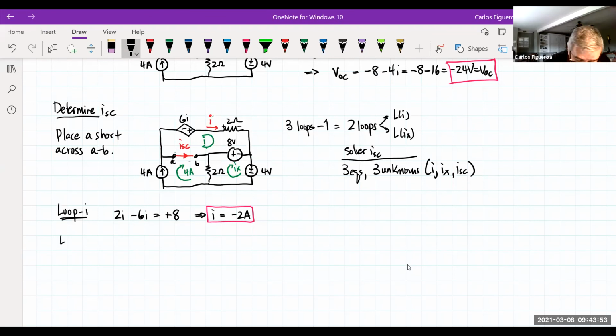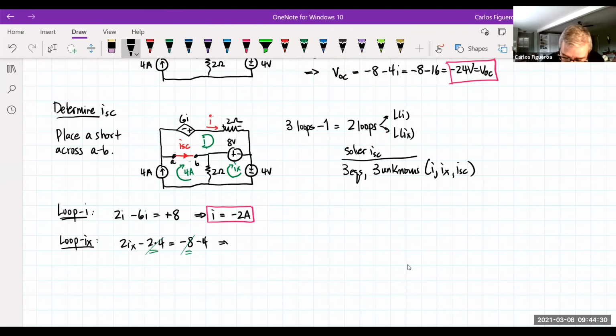So now let's go to loop IX. In this case, what am I seeing here? I see one resistor. So I'm going to get 2IX minus 2 times 4 for the mutual. And then I have a series of things here. So I hit the plus, so I'm going to get the minus 8 on the other side. I hit the plus, I'm going to get the minus 4. And you could see here that I have minus 8 here, minus 8 here, so I can immediately cancel those out.